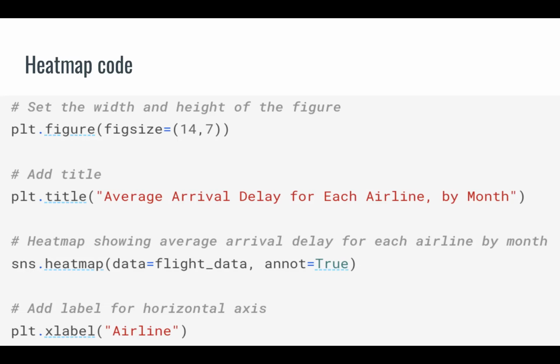Then choose a scale for the color gradient that is appropriate for the range of values in the data set, and create a matrix with rows and columns that represent the categories of the data and color the cells. In order to do that, you can use a Seaborn heatmap, provide the data, and just set annot to be true.